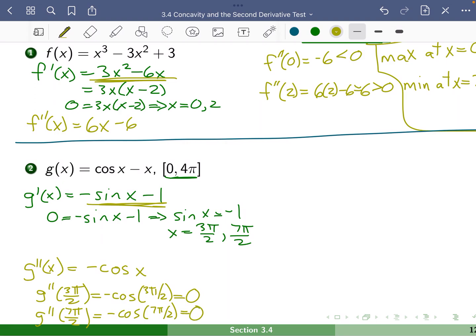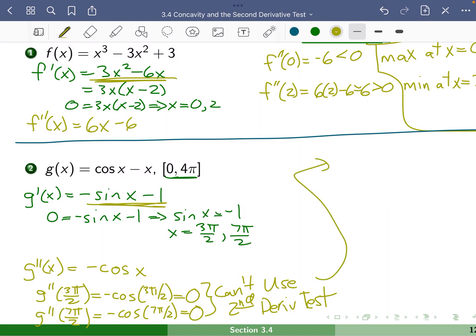So what does that tell us? Well, that tells us we can't use the second derivative test. At those points, those could be maximums, they could be minimums. So how would you then do that?